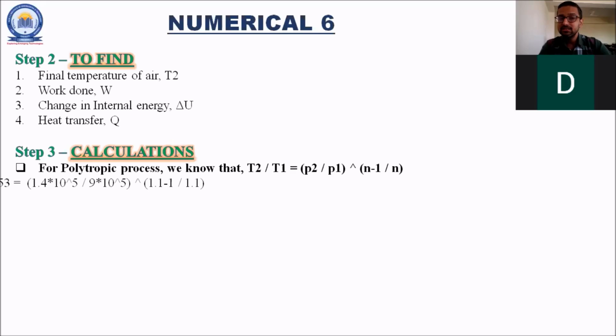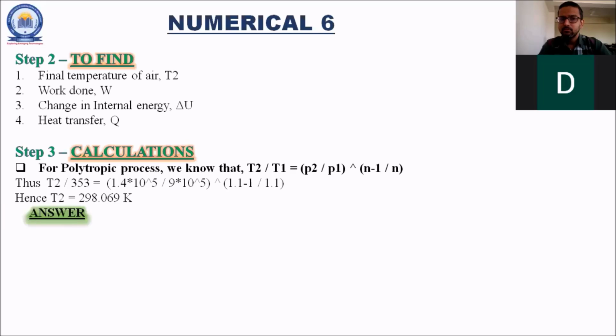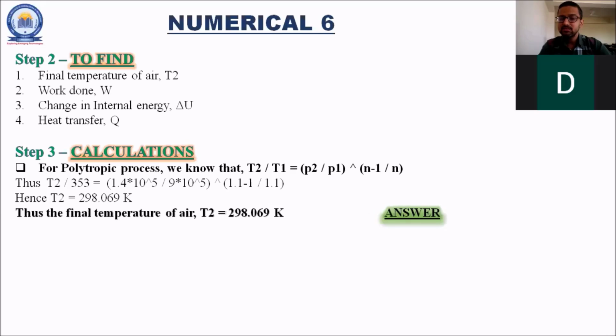Substituting the values in this equation, I'm getting the answer of T2, that is 298.069 Kelvin. So this is the presentation of our final answer. Thus, the final temperature of the air, T2, is equal to 298.069 Kelvin.